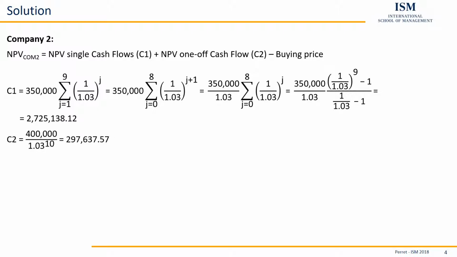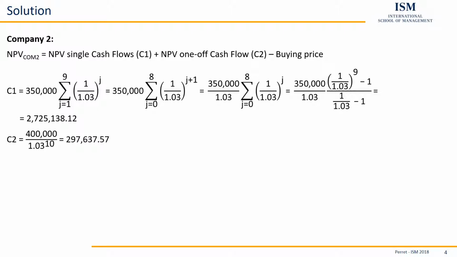However, this was the hardest part in this context of company 2, because with the one-off cash flow, we just have to take the value and discount this 10 times. So we divide the cash flow of 400,000 by the factor 1.03 to the power of 10, giving us here a net present value of the one-off cash flow of 297,637.57.